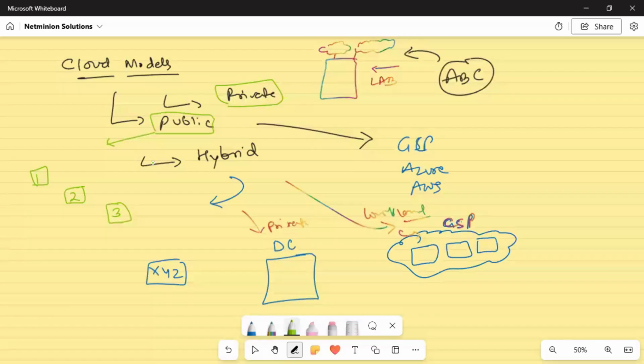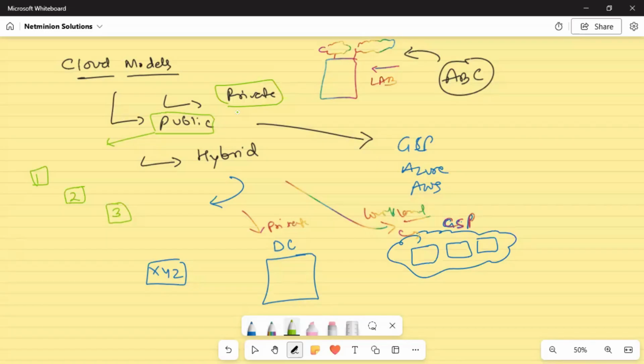Now let's see the benefit of private. Private means you have complete control over your own resources and your security. Data is not collocated with any other organization. Hardware you are purchasing, nobody else needs to purchase on your behalf.